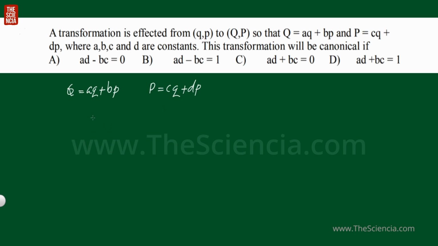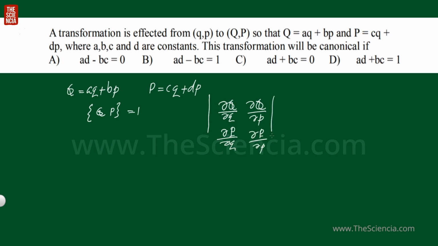And we know the condition for a canonical transformation, that is Poisson bracket of Q, P will be equal to 1. Or we can rewrite it in another way, that is dou Q by dou q, dou Q by dou p, dou P by dou q, dou P by dou p. If this is equal to 1, then also it will be canonical.